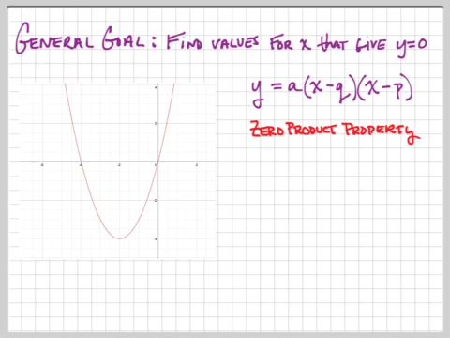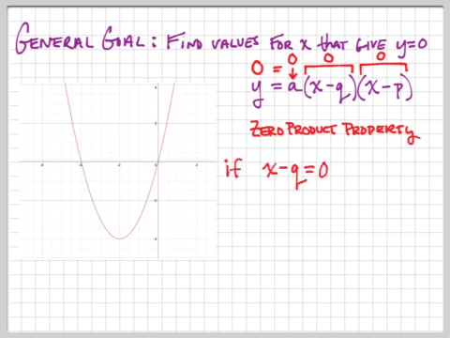If you have things that multiply and it equals 0, that means that one of those things, or all of those things, has to be 0. So if I just have multiplication, which I do in this case, and it equals 0, that means either a is 0, this is 0, or this is 0. Tell me if you agree that has to be true. Yeah. There's no other way to get 0 unless you're multiplying by a 0 somewhere.